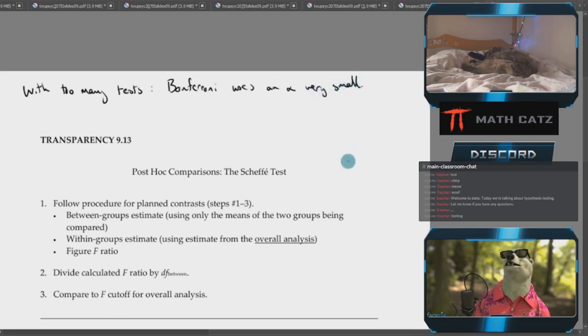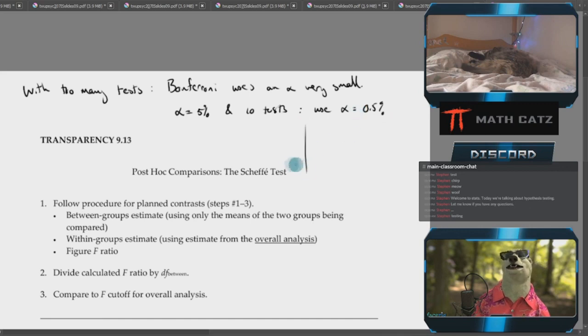For example, let's suppose I start with alpha 5% and I have 10 tests. That means I'm going to use an alpha for each of those tests that is 5% divided by 10, so that'll be 0.5%.